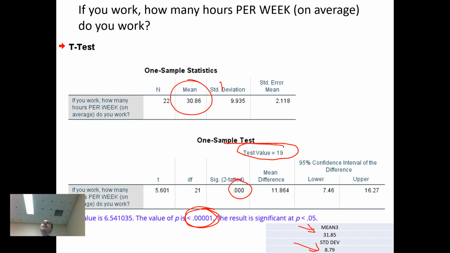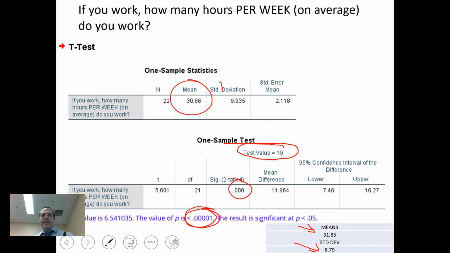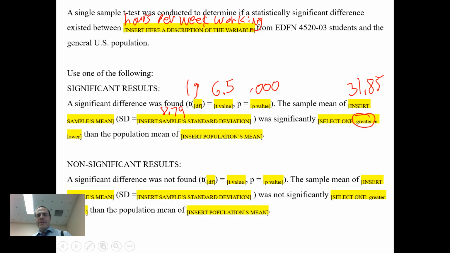Unless you work for NASA, be my guest. All right, so should I put greater or lower? You guys work more than the national average, or less than the national average? Overwhelming. And then the national average is 19.